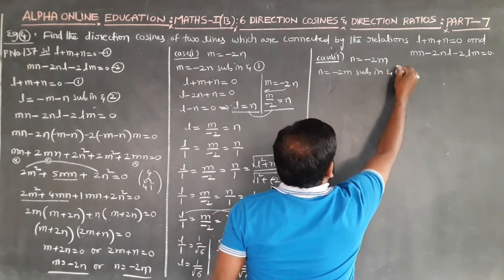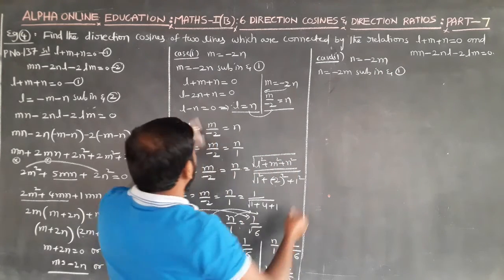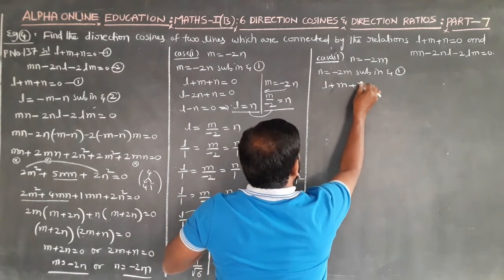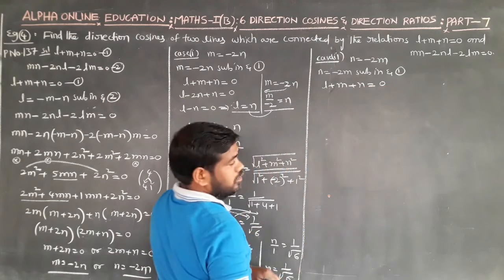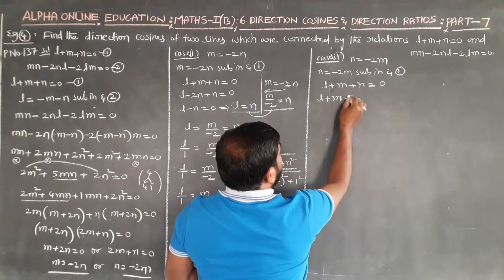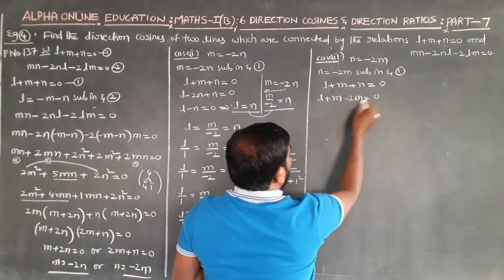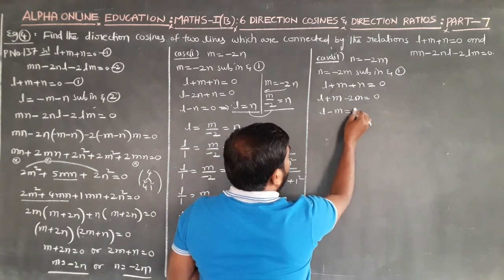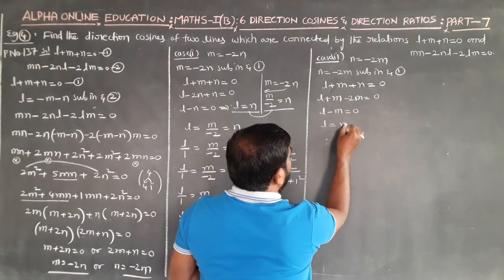Substitute in equation number 1. Equation number 1 is L plus m plus n is equal to 0. L plus m plus n, with n equal to minus 2m, is equal to 0, so L plus m minus 2m is equal to 0, giving L minus m is equal to 0.